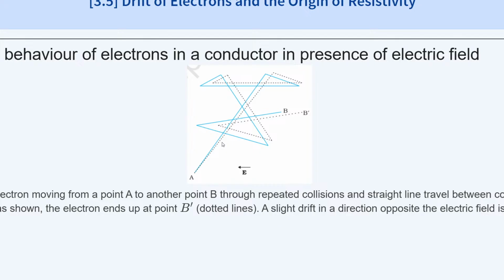सो ड्यू टू इलेक्ट्रिक फील्ड व्हाट हैपन्स, electron will experience some force in the opposite direction of electric field and it will drift. What is the meaning of drift?